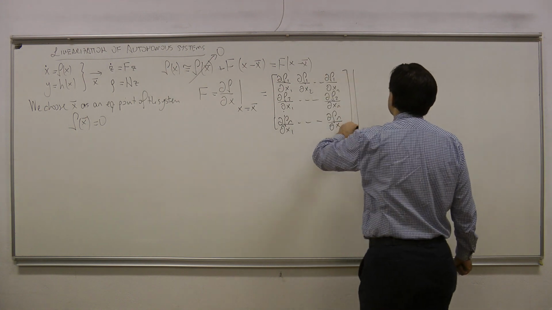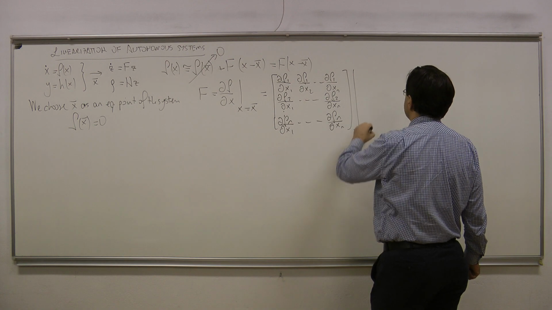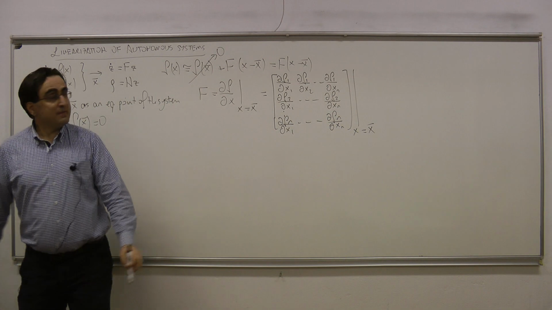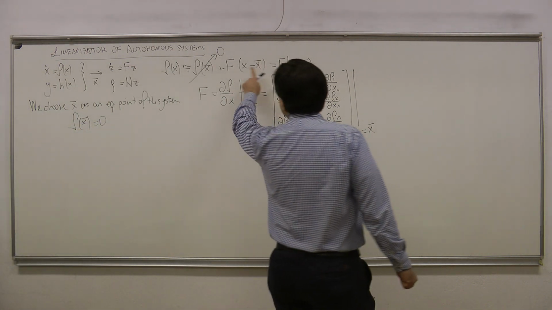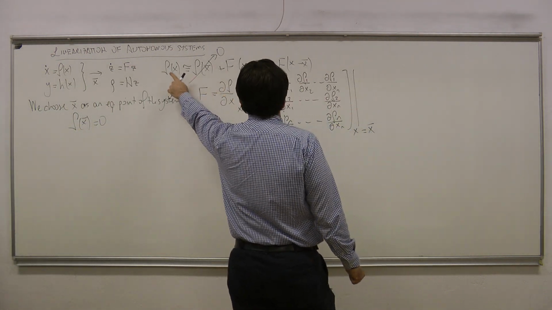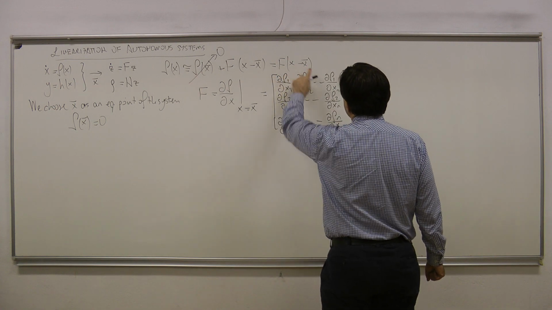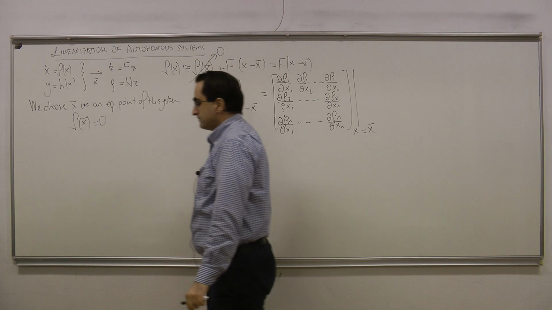Okay, and this is evaluated at the equilibrium point. Okay, and that gives us this equation, this approximation. F of x is equal to capital F times x minus x bar. Okay.